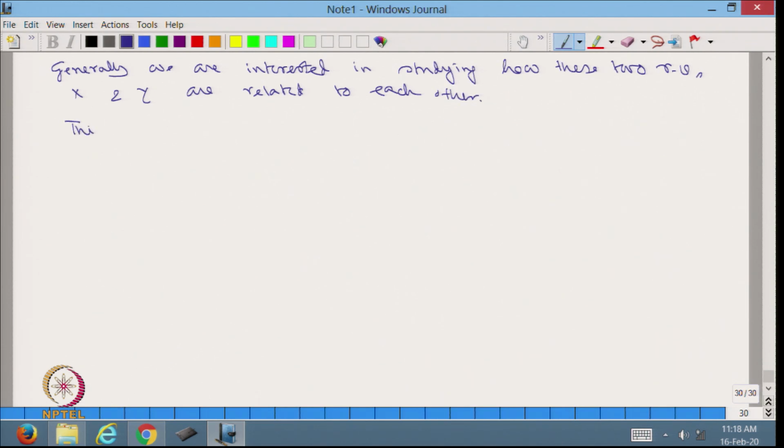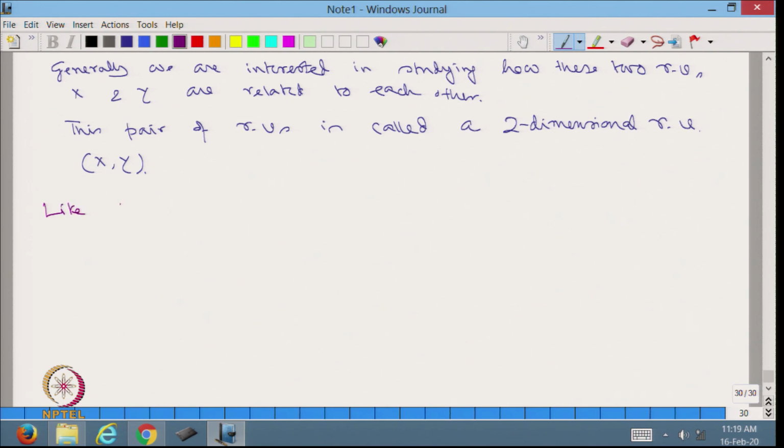This pair of random variables is called a two-dimensional random variable x comma y.